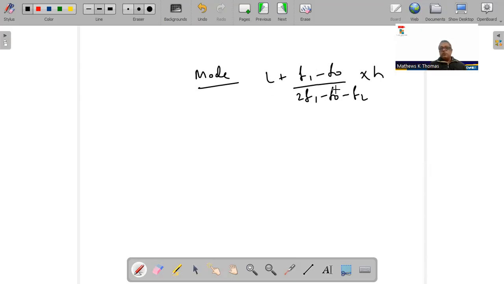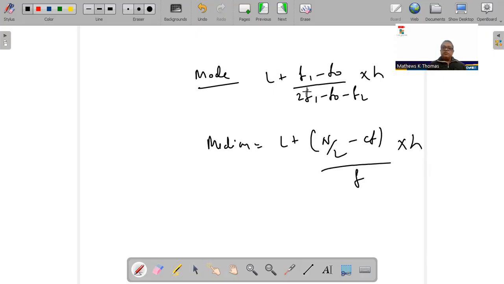Again, if you do not know how to do this, kindly refer to the channel and watch the recording. And median is L plus (n by 2 minus cf) by f into h. So that is mode one formula, median one formula, and mean we have three formulas.